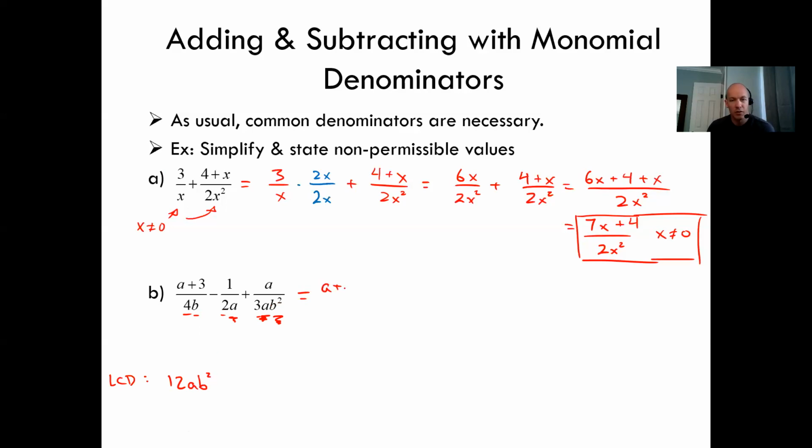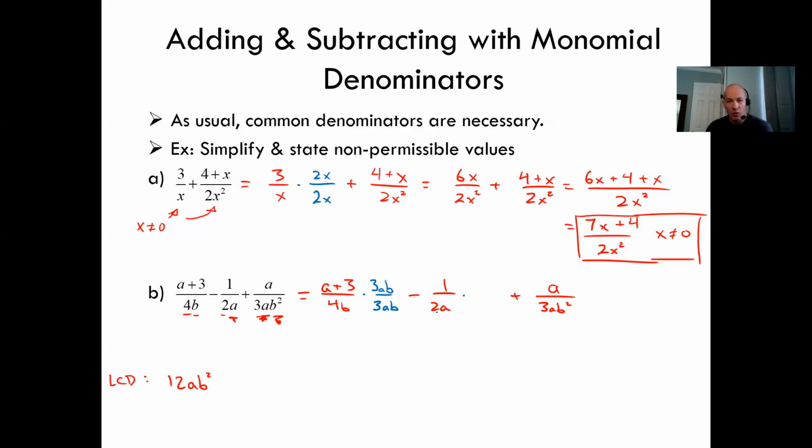So now the challenge will be, what do I have to multiply each of these things by to get my lowest common denominator? I'm going to leave a little bit of space here so that I can fill in the blanks. Okay, so top and bottom for the first one, how do I go from 4b to 12ab squared? I've got to multiply that by 3ab.